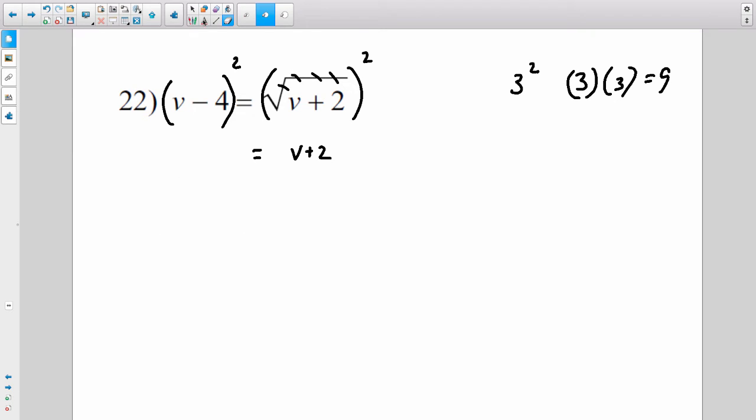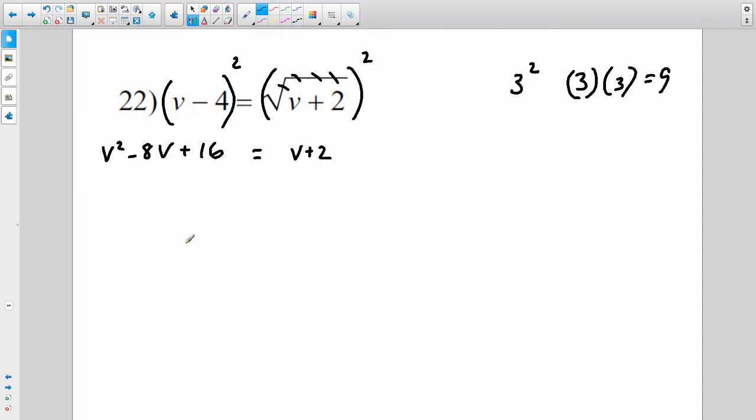But when you FOIL that, you're actually going to get v squared minus 8v plus 16. Okay, because we FOILed.